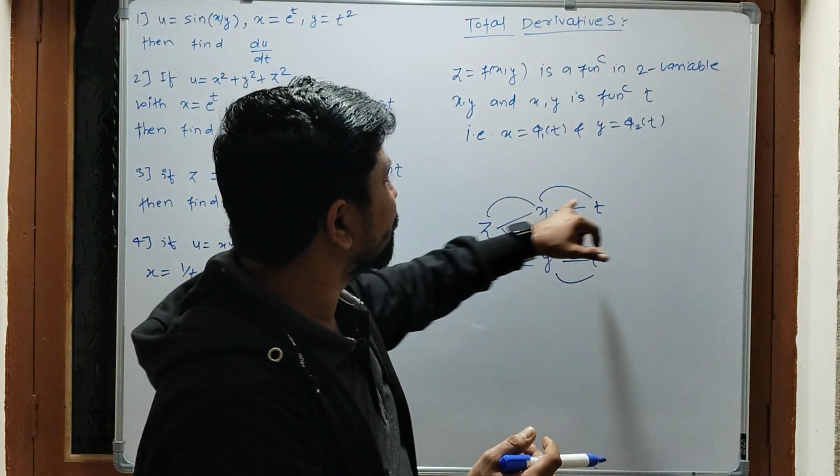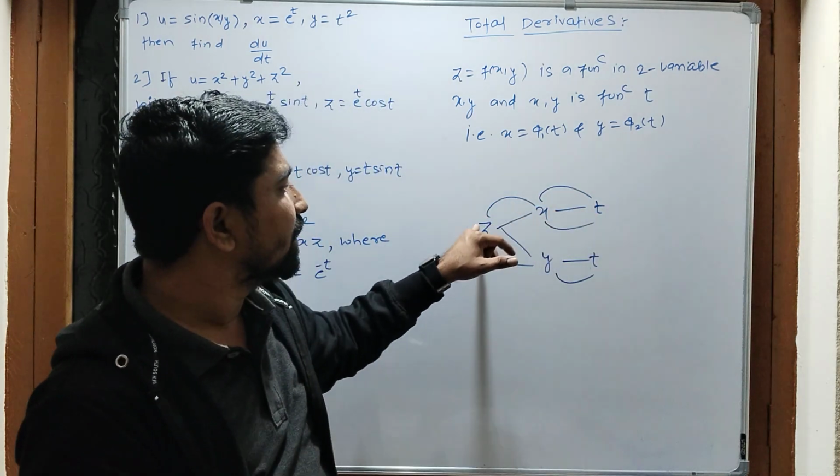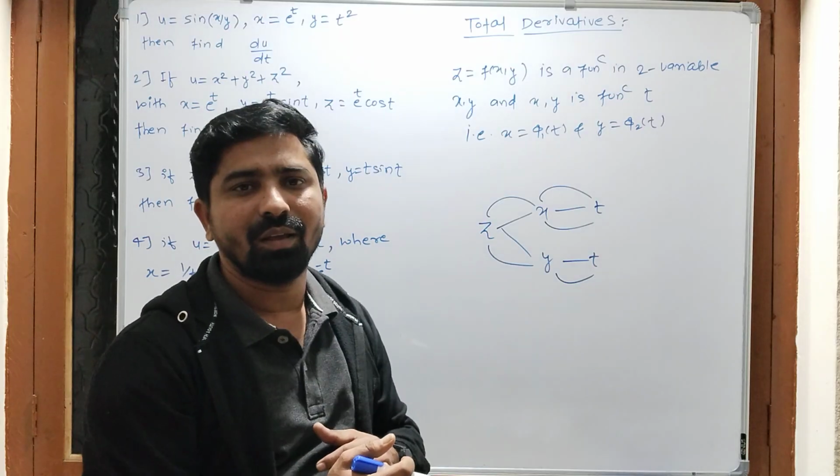Therefore z is the function of t via x, and z is the function of t via y.